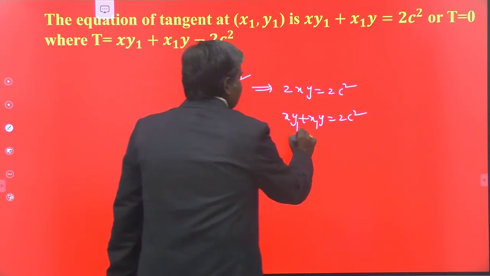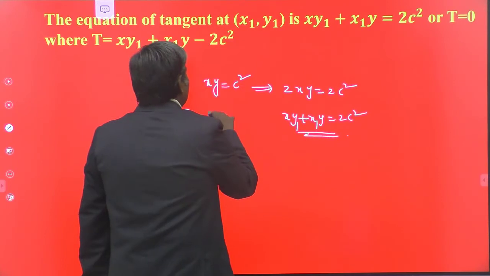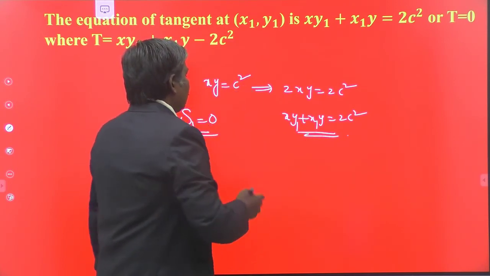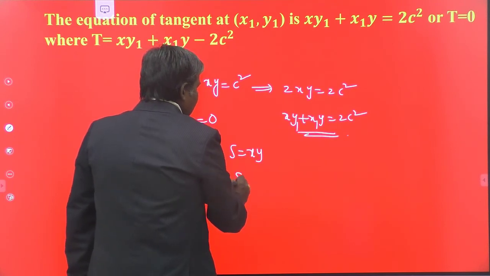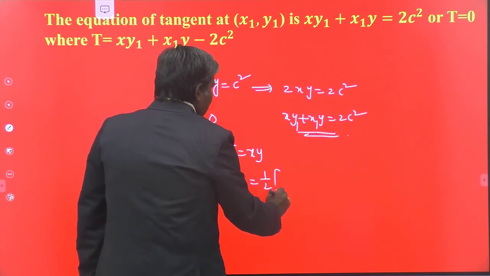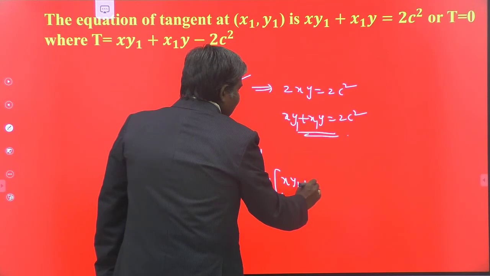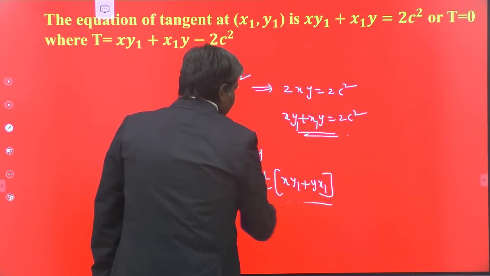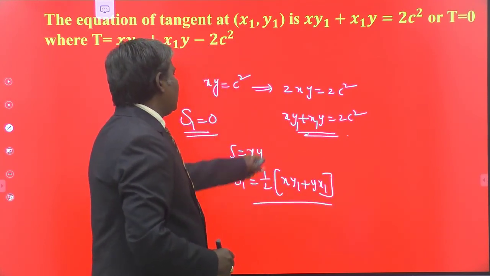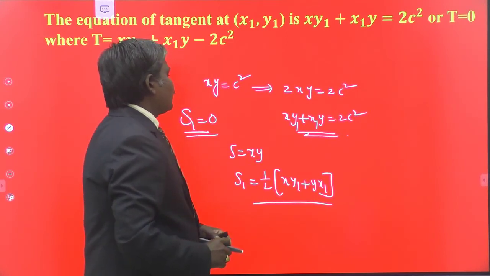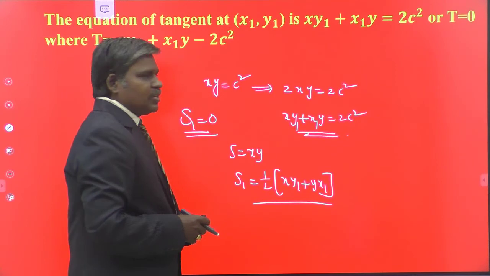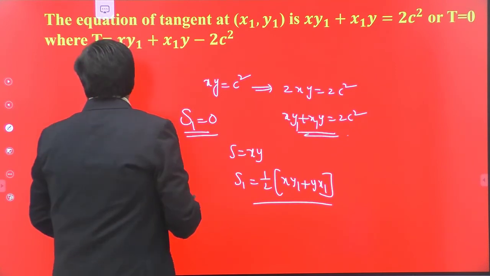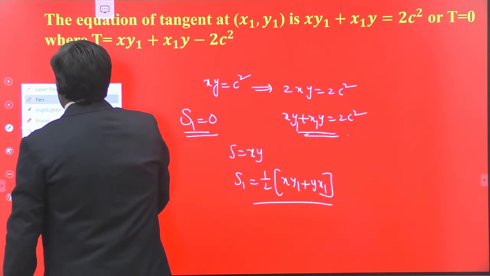This is the equation of S1. For xy equal to c square, if S is xy, S1 is defined in this manner: half of xy1 plus yx1. This is the notation for S1. On that, we can write xy1 plus yx1 is equal to 2c square is the equation of tangent. Or otherwise, we can prove easily by the calculus method.